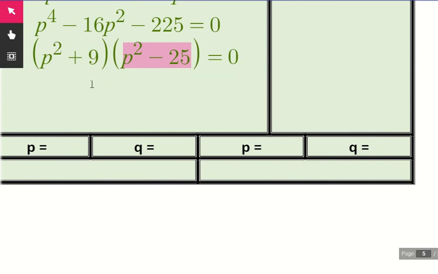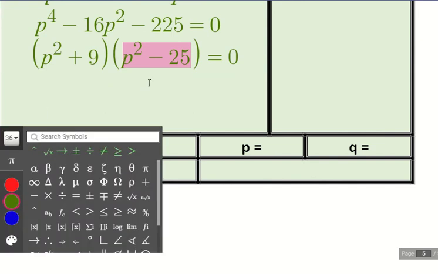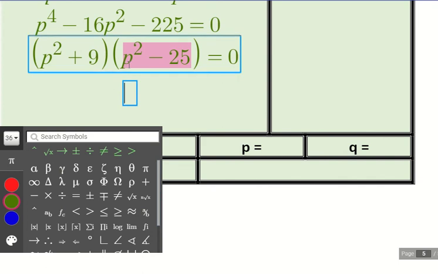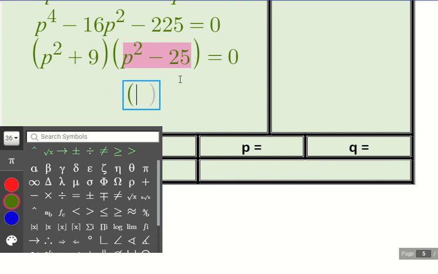Now, when I calculate, only one side is actually going to give me real numbers. So that p squared minus 25 is going to give me real results. The p squared plus 9 is going to give me imaginary results. So I know I want my answers to be real.